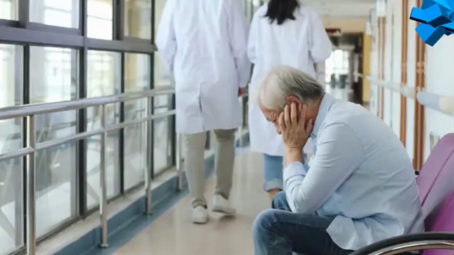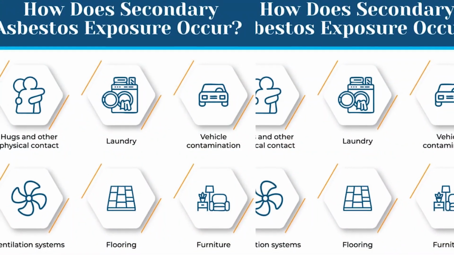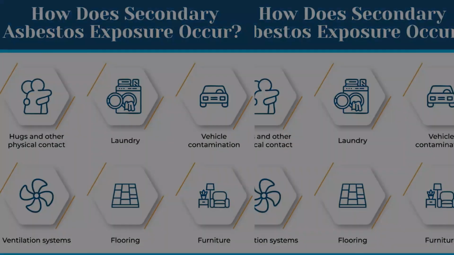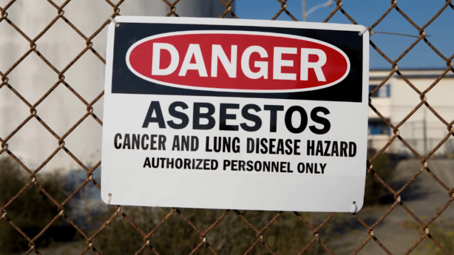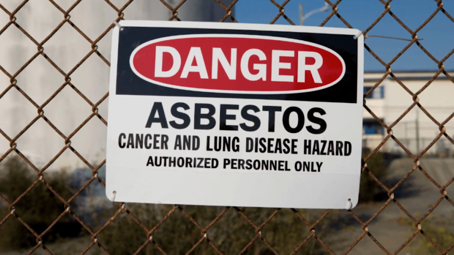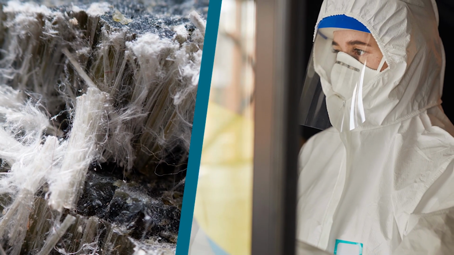Imaging scans like chest X-rays or CT scans can show scarring in the lungs, such as pleural plaques or fibrosis. And perhaps most importantly, testimony from your treating physician or a specialist can help link your illness directly to asbestos exposure. Courts rely heavily on credible medical opinions, so having a doctor who can clearly explain the connection is crucial.